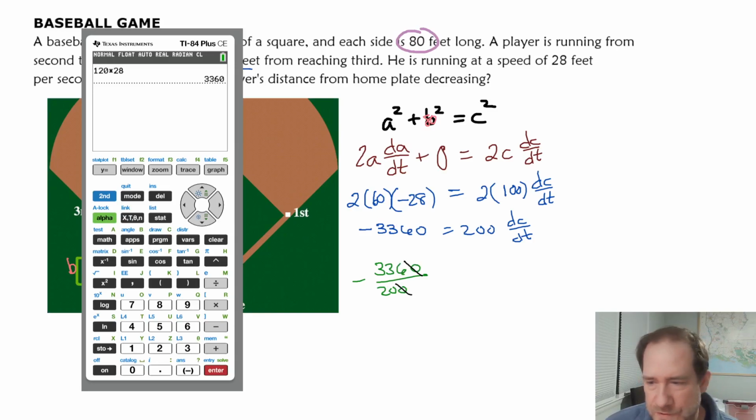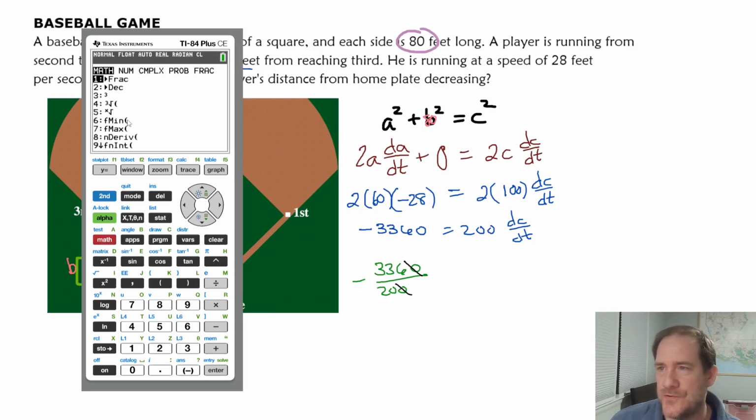And I don't mind showing you one more time how to actually do this. If you're not comfortable reducing your fractions, remember that from the get-go you can just type in 3360, divide that by 200, go ahead and say enter to get your decimal, and then remember you can always hit math, which is right here, and you choose convert to fraction.